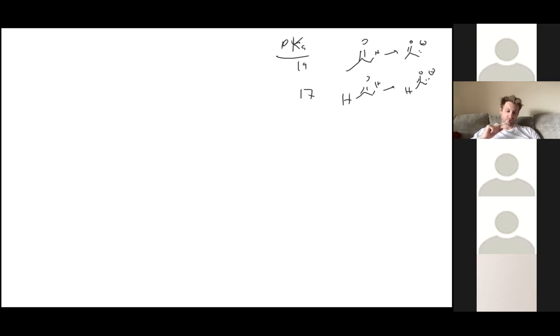So if we have a solution with both an aldehyde and a ketone in it, I'm going to erase this over here.